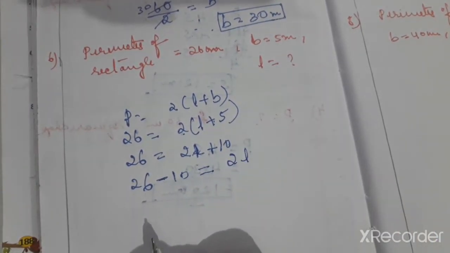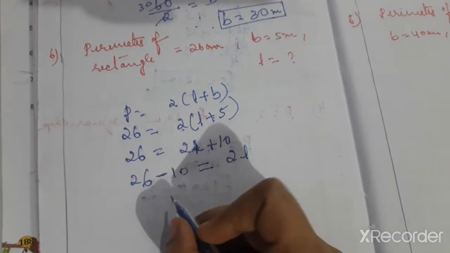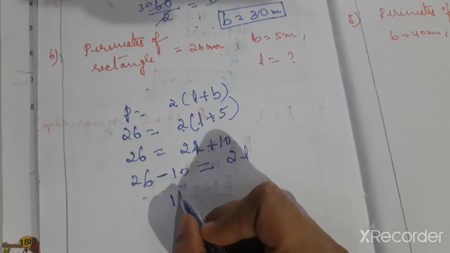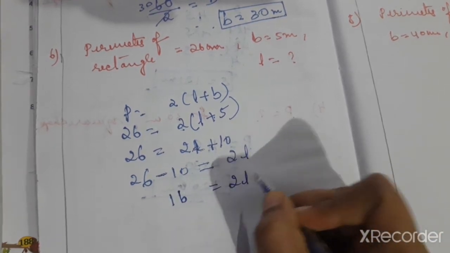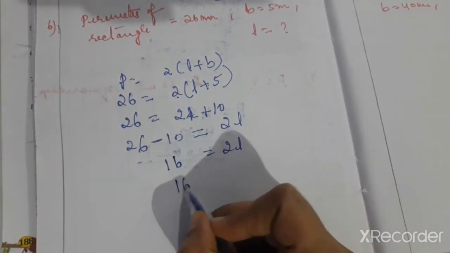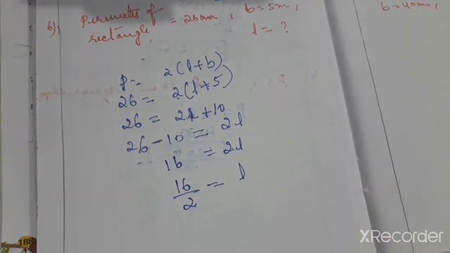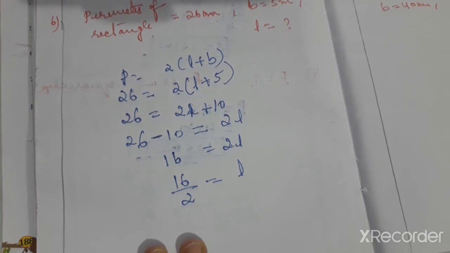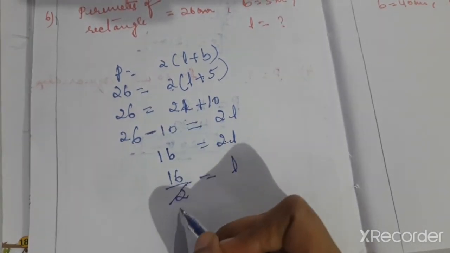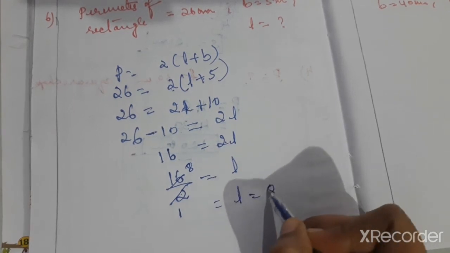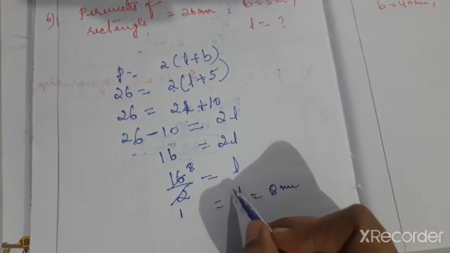Now 26 minus 10 is 16, equals 2L. So 16 by 2 equals L. Now cancel: 2 ones are 2, 2 8s are 16. So therefore L equals 8 meter.